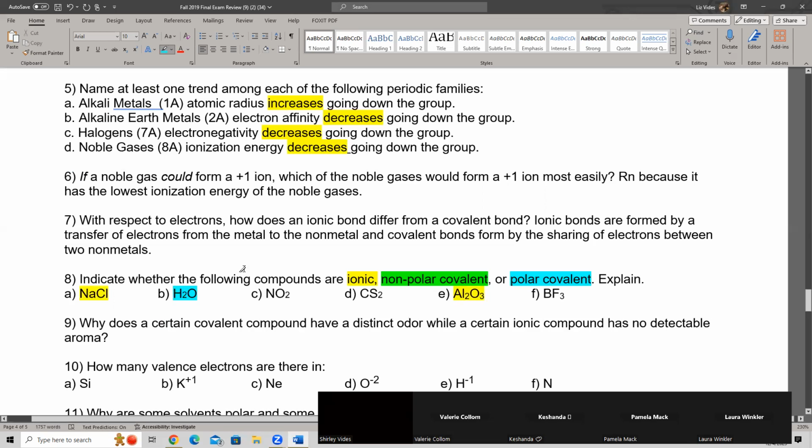So to do that, we would have to do the math, right? So that is 6 electrons from oxygen plus 2 hydrogens gives me a total of 8, yes?